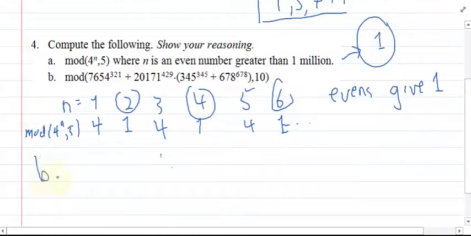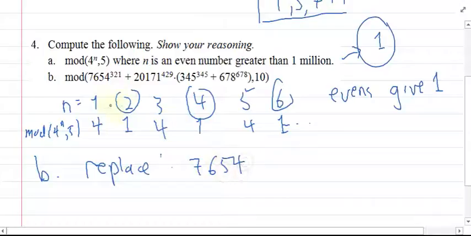For part B, what you need to use here is the fact that any multiplicative or additive factor in a modular expression can be replaced by its modular equivalent. So I'm going to replace 7654. I can replace that with its modular equivalent mod 10, which is 4, since it's equivalent mod 10.